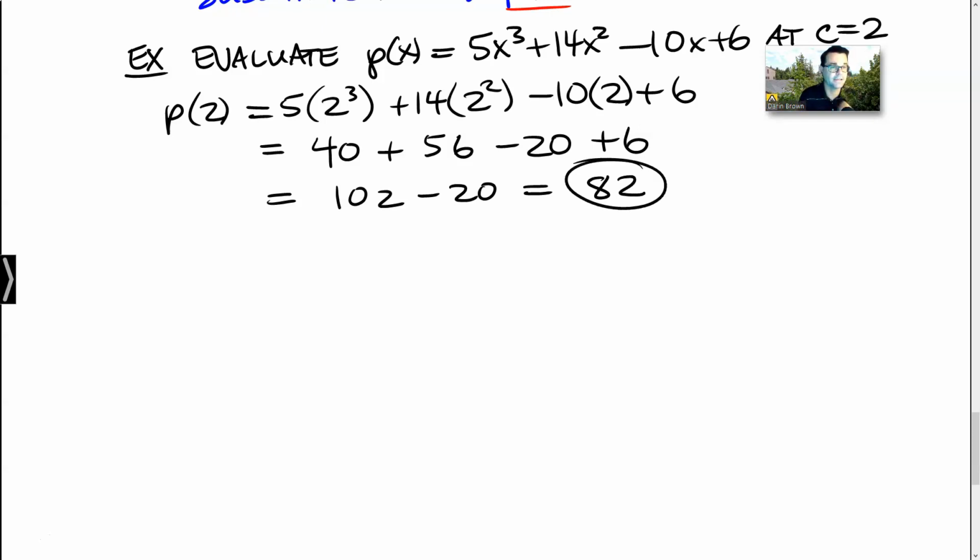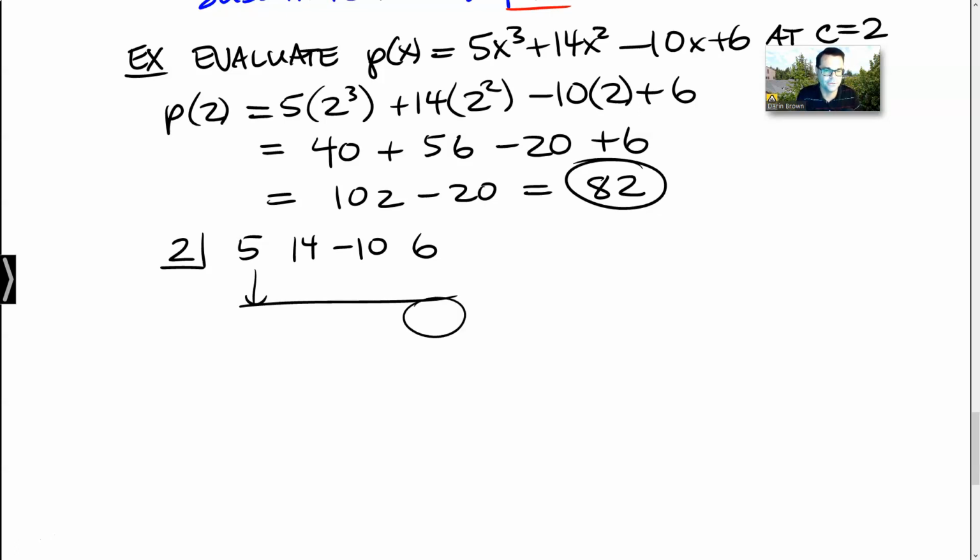Okay, that's fine. Now let's look at it using the remainder theorem. Here's all you do. 2. And then you list 5, 14, negative 10, 6. Okay, this is just a setup. And now just do synthetic division, and we're going to see what is the remainder over here. That's going to be 82.